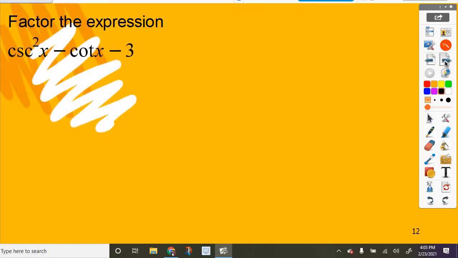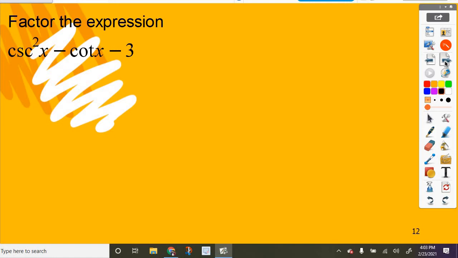Alright, next up, again, we're looking, okay, do I have a greatest common factor? No, I don't have anything in common. I have 3 expressions this time, so I can't use a difference of squares.